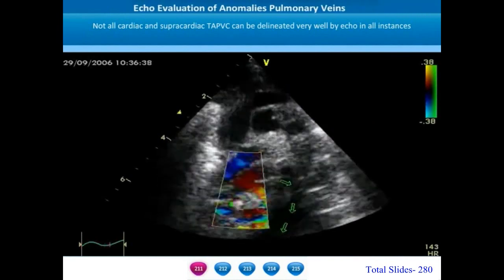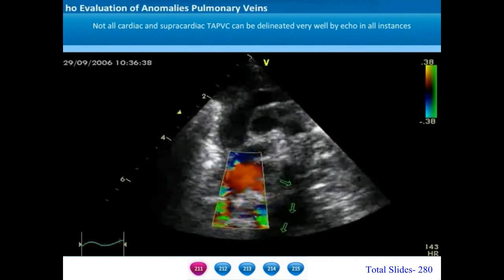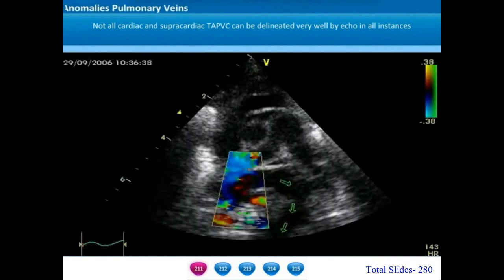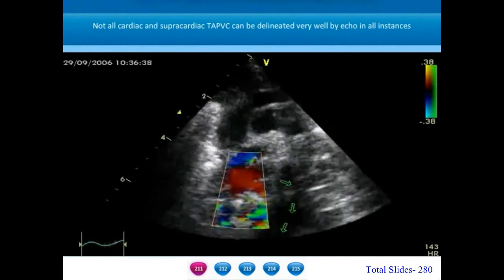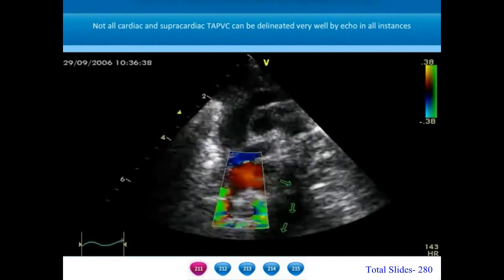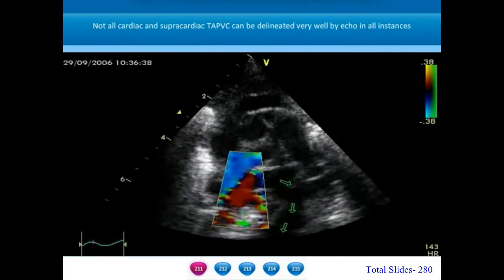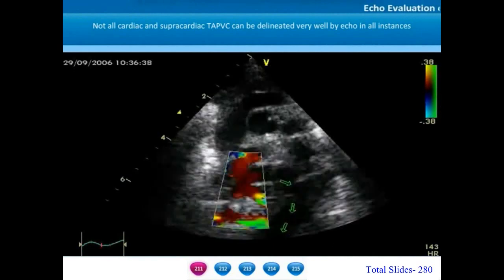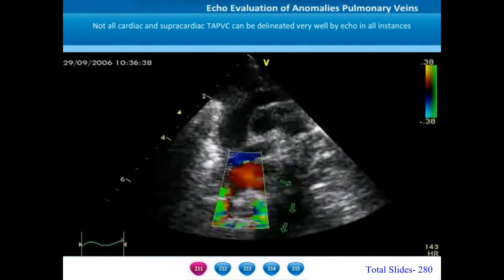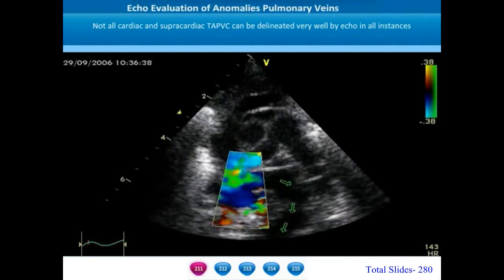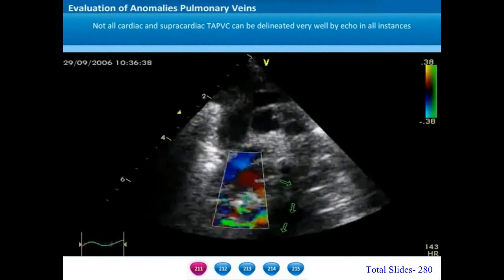We have so far seen a large number of examples of supracardiac TAPVCs and intracardiac TAPVCs. In all these instances, we were able to appreciate the pulmonary veins individually draining into the common chamber, and then from the common chamber track the flow of the blood into the right atrium.